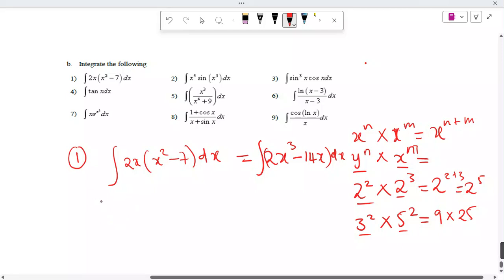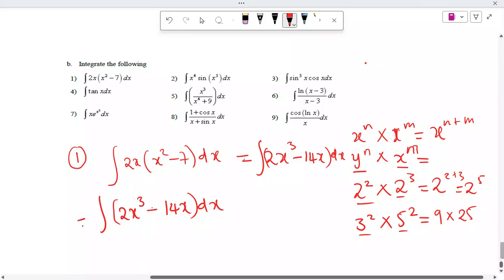Your integration sign. So let me write here integration 2x to the power 3 minus 14x dx. So we can distribute the integration, integrating this and integrating this separately.